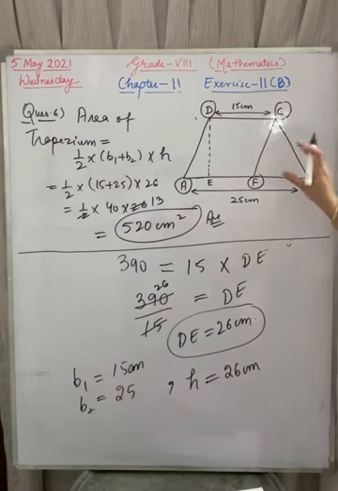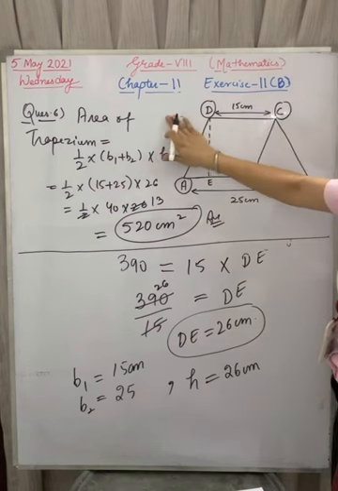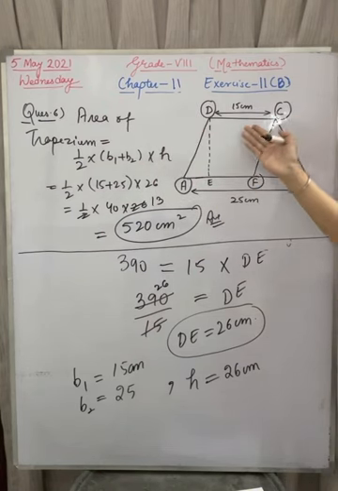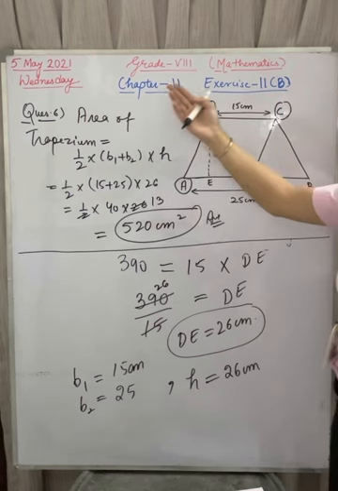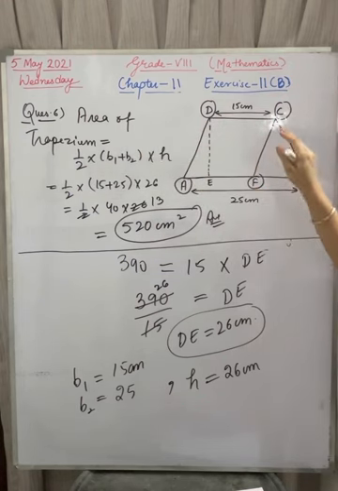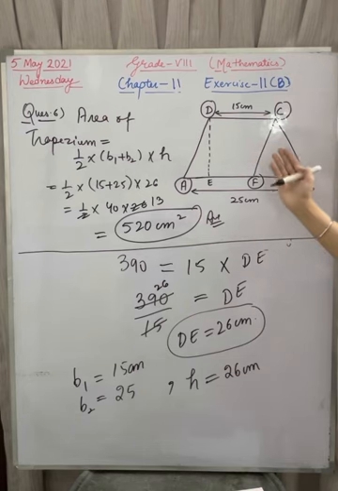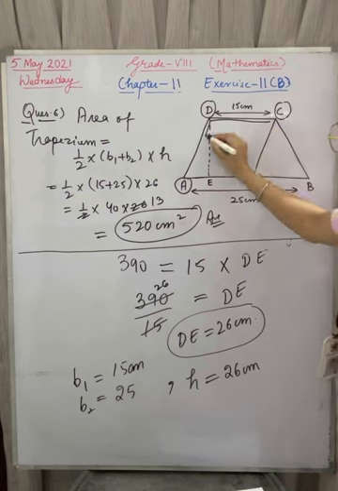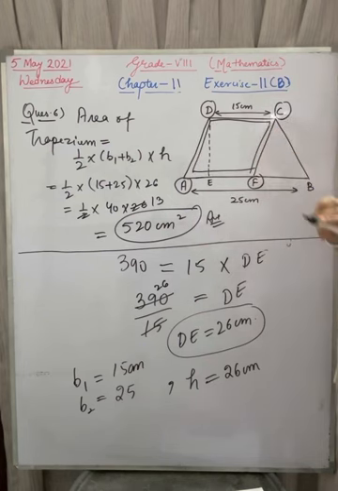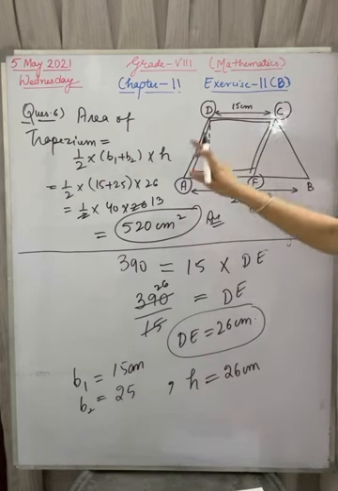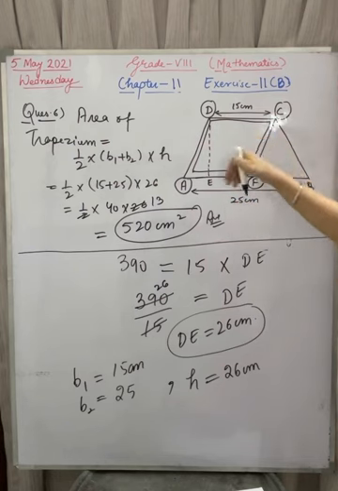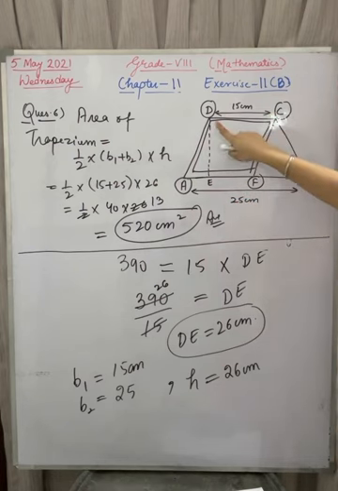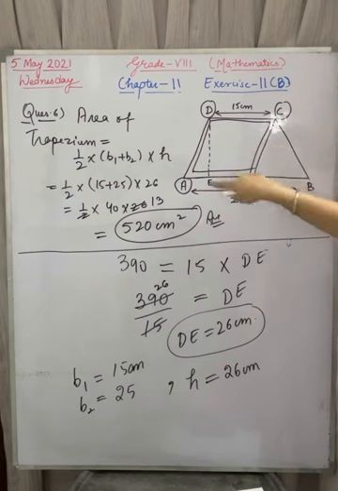Okay. So in this question it was not given to you directly that B1, B2, height are given, find out the area of trapezium. No, they have given that in this trapezium there is a parallelogram. So first of all, go with the area of parallelogram. This figure is a parallelogram. So you have to go with this figure. In this figure, this base is given, height was not given, but area of parallelogram was given.